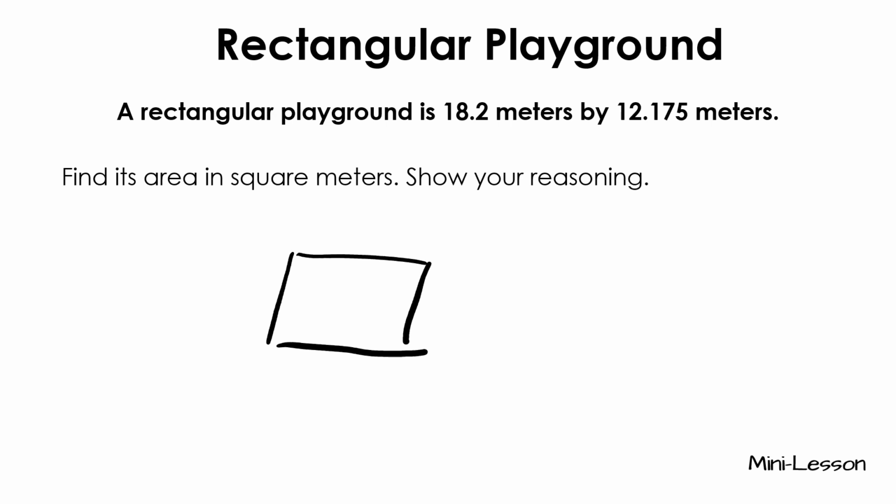All right, to find the area, it is length times width. Very similar to the area model when we're doing multiplying, but they have quite a few numbers. So we don't want to do that today.